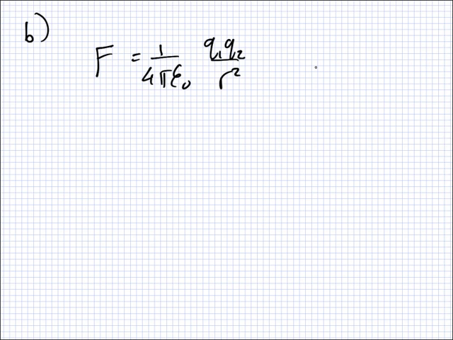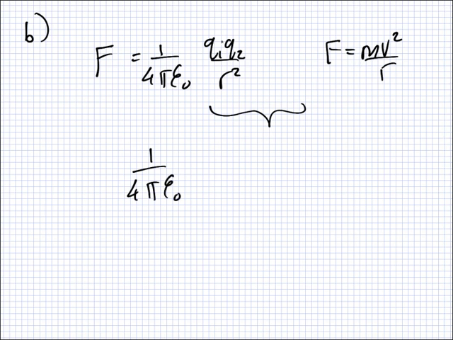And also, because it's moving in a circle, F equals mv squared over r. So you can put these together and get 1 over 4 pi epsilon 0. By the way, what's Q here? What's the charge? It's an electron, so that would be e, and the proton would be e. So that would be e squared over r squared equals mv squared over r.